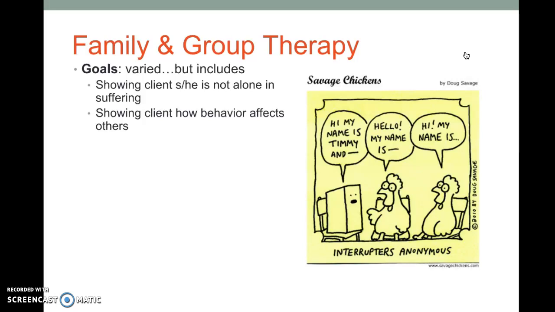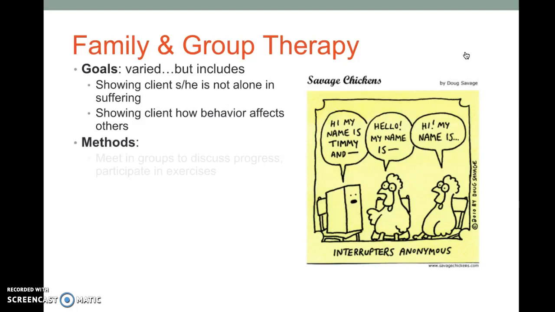She may not be completely aware of the fact that her behavior is having real impacts on other people in the family. And those family members also might not have a clear recognition of how their behavior might be indirectly and unconsciously perhaps supporting the behavior of the person who's suffering. So having everyone be aware that they're interconnected and that no person is an island is a real benefit of family types of settings.